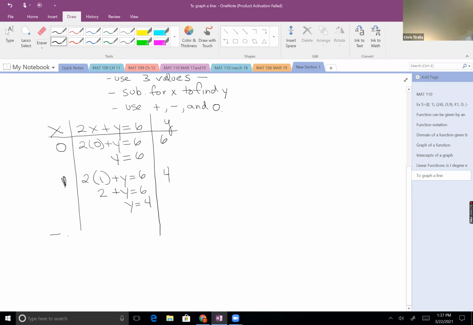And if x is -1, I'll have 2 times -1 plus y equals 6, or -2 plus y is 6, which would give me y equals 8. And then I'll go through and plot my points.